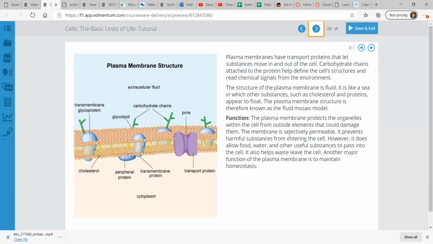It doesn't let certain things in, while it lets good things in, and it maintains this stability known as homeostasis. And this is a good picture describing the proteins, the glycolipids, the carb chains, a pore. I'm sure you are familiar with a pore, kind of like the pores in your skin. Well, the cells have pores that allow things to come in and out as well.